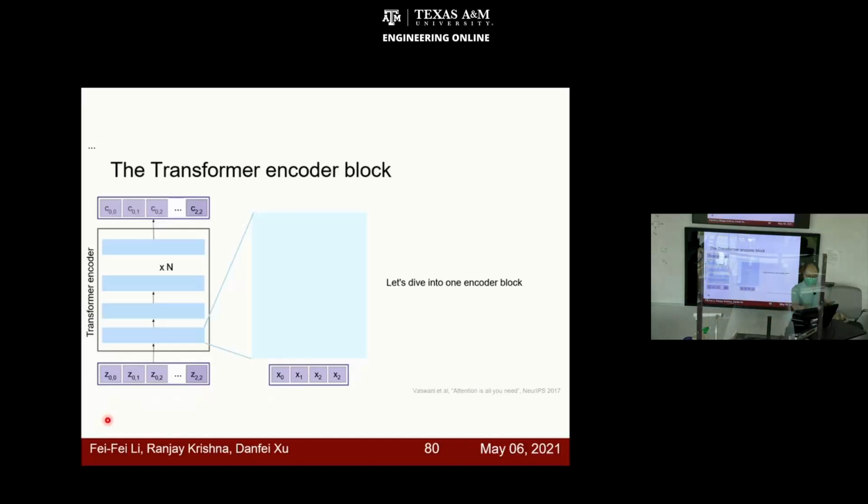Because we'll see this block later on, everything is taking different inputs independently, okay? If you look at the key, query, vector, all those are done by feed-forward neural networks, right? Actually, the only place we considered the order is where?